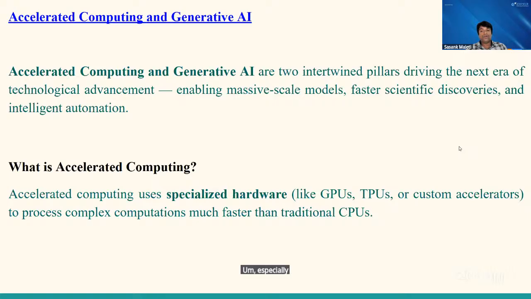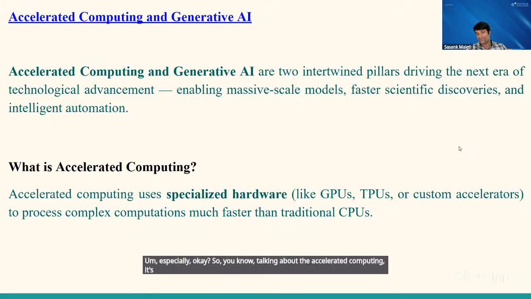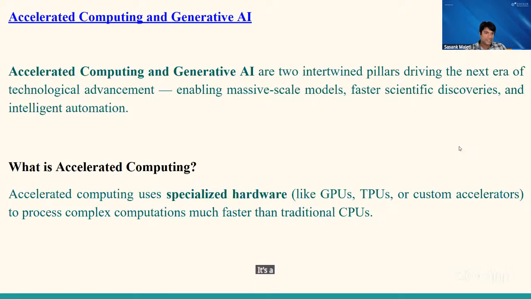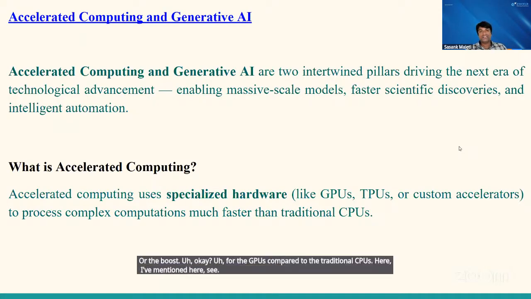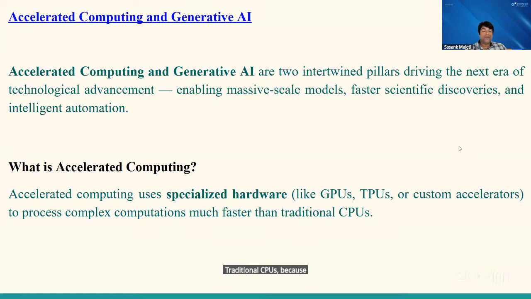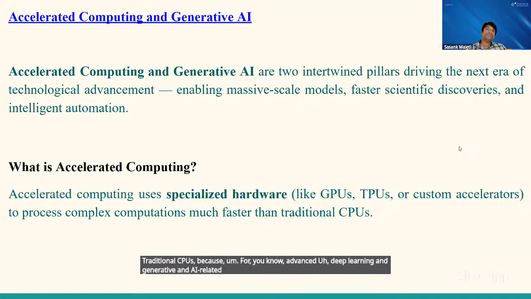This is very important because I especially wanted to cover this. Accelerated computing is a very important technology which gives that acceleration, or boost, to GPUs compared to traditional CPUs. For advanced deep learning and generative AI related tasks, normal CPUs are not that fast.